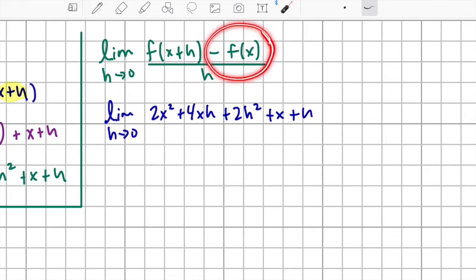Now we're supposed to do minus f of x. When I see the minus in front of the f of x, it just tells me do the opposite.